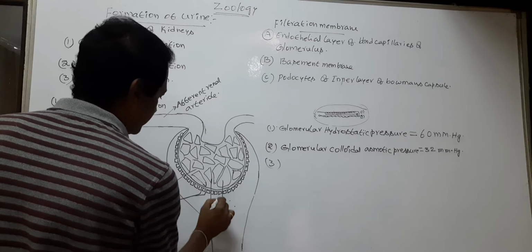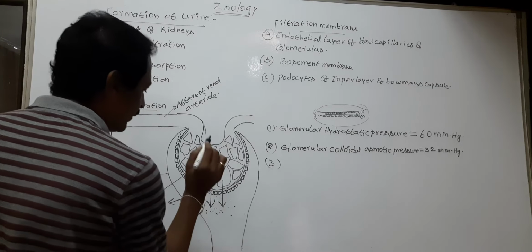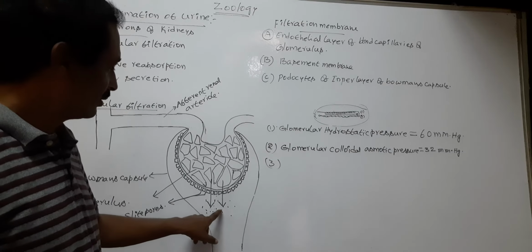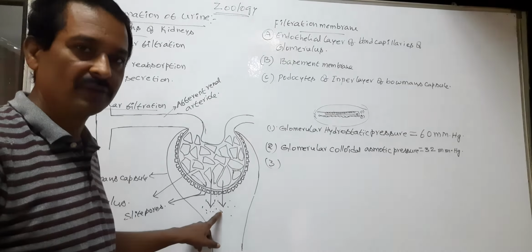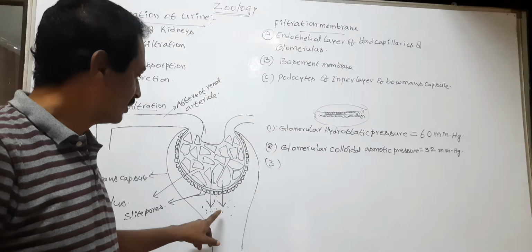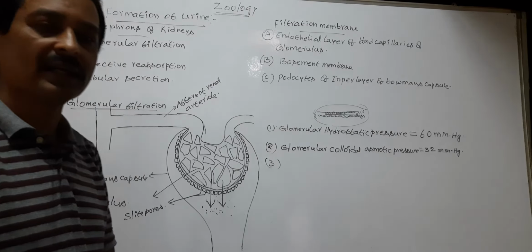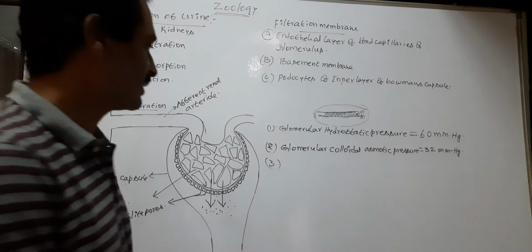Next, the fluid in the lumen of the Bowman's capsule has Bowman's capsular hydrostatic pressure.